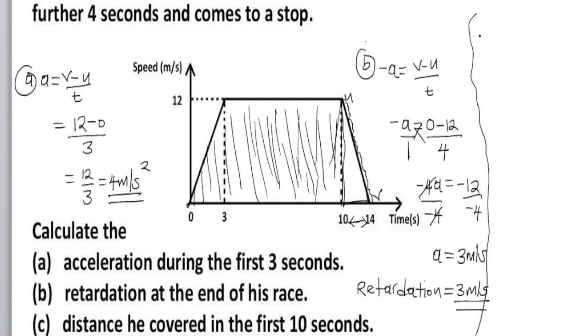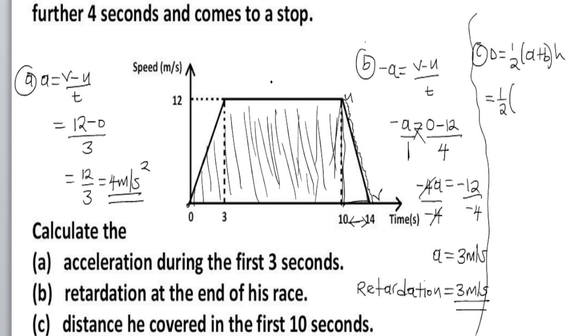So how do you find the area of a trapezium? To find distance, we're going to use the formula for the area of a trapezium, which is half, then (a plus b) times height. So distance will be equal to half our a.